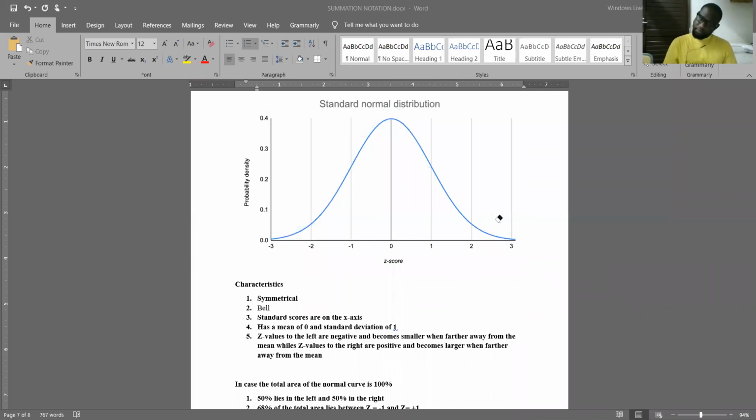Apart from that, it is symmetrical. When you say something is symmetrical, it means you can divide it into two equal halves.